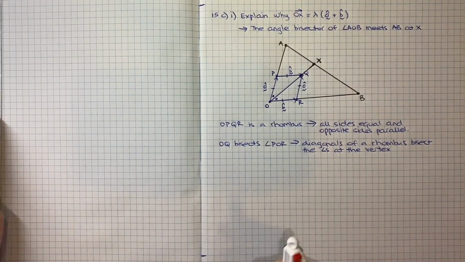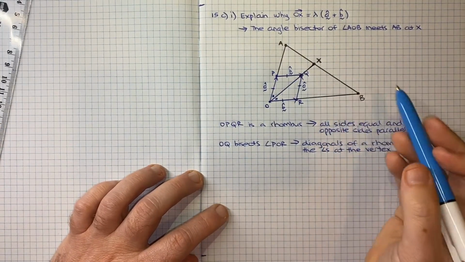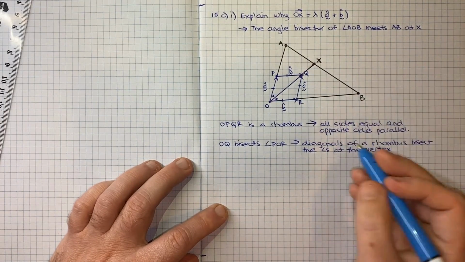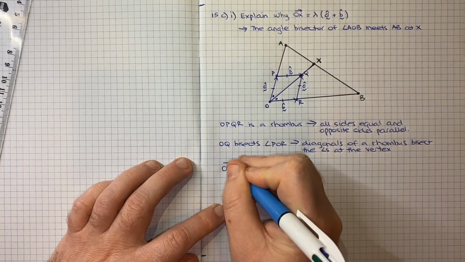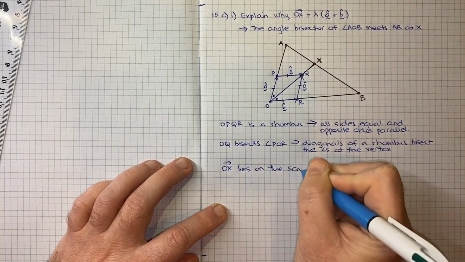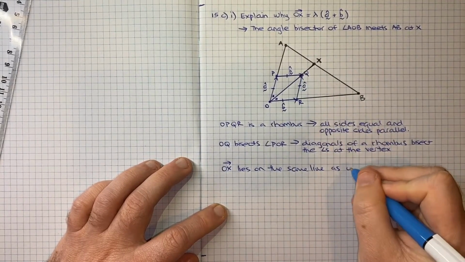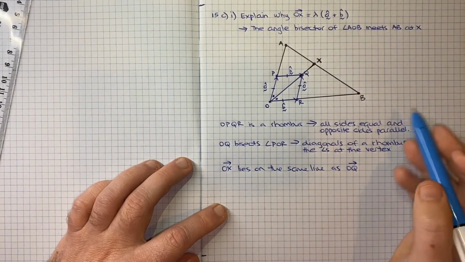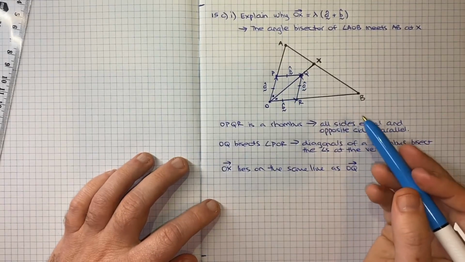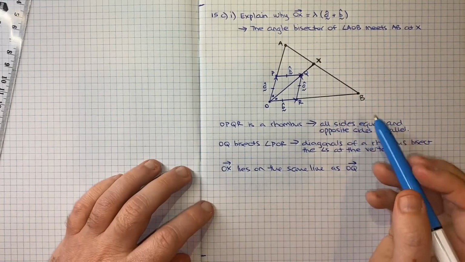So what we can observe from drawing the diagram in this way is we can note that the vector OX lies on the same line as the vector OQ. And when we have a situation where we've got two vectors on the same line, we can state their relationship by creating a variable.